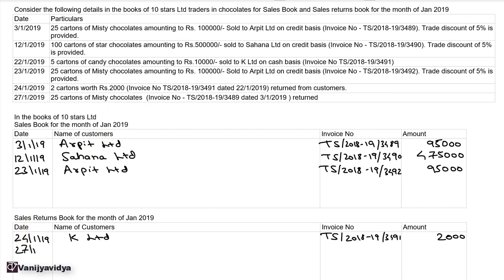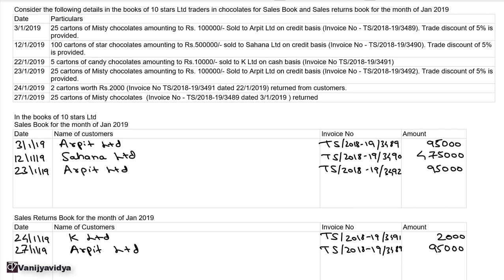So 27 Jan 2019, name of customer Arpit Limited, invoice number is TS 2018-19 3489 and amount will be, original amount was 1 lakh minus trade discount of 5%, so 95,000.